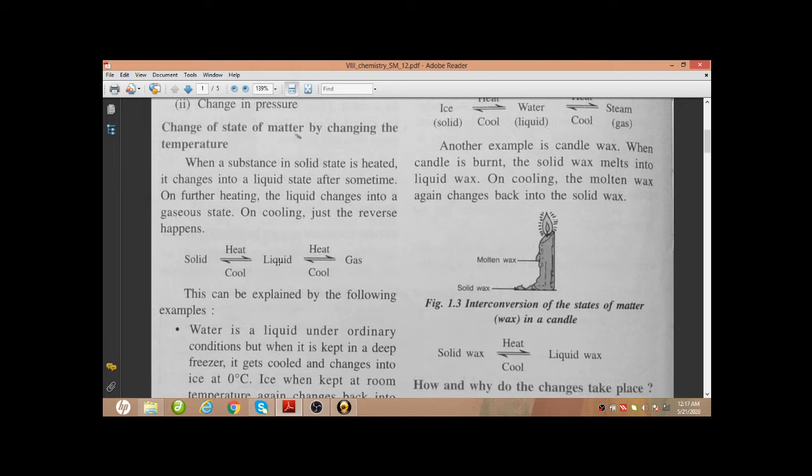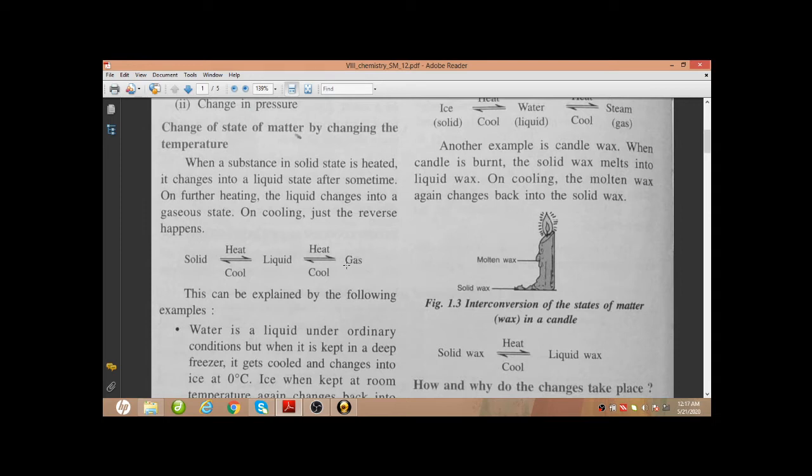In the same manner, if we heat the liquid again, we will get the gaseous state of it, as the intermolecular space between the liquid particles will increase and they will convert to the gaseous state. Their kinetic energy will increase again, and the force of attraction between them will decrease.